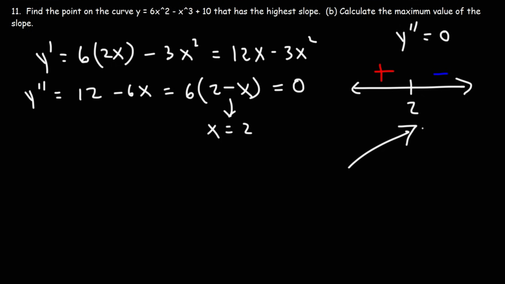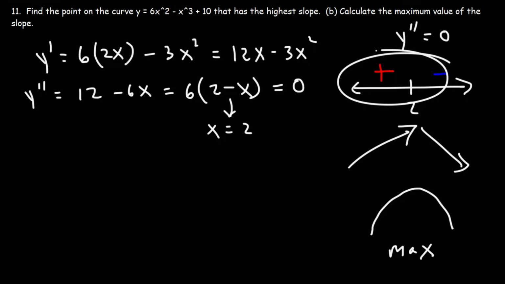To the right of 2, the first derivative, not the original function, but the first derivative is decreasing. So thus the first derivative has a maximum at 2. If these signs were reversed, that means that it would have a minimum value at 2. Thus, the point on the curve with the highest slope occurs at an x value of 2.